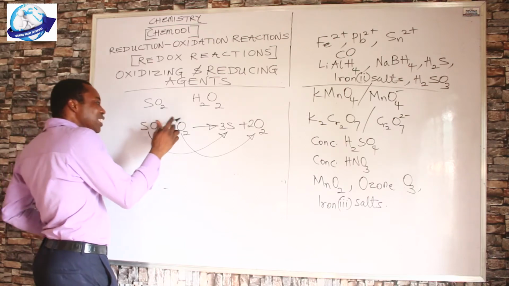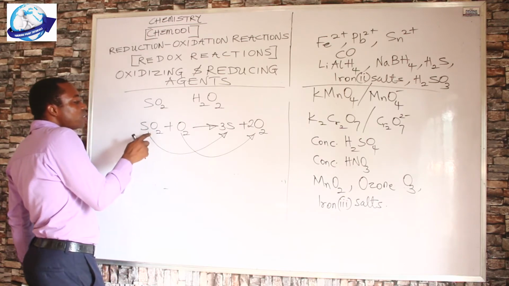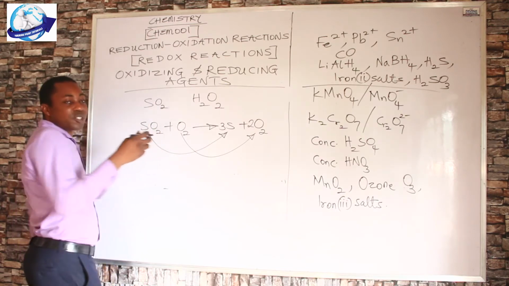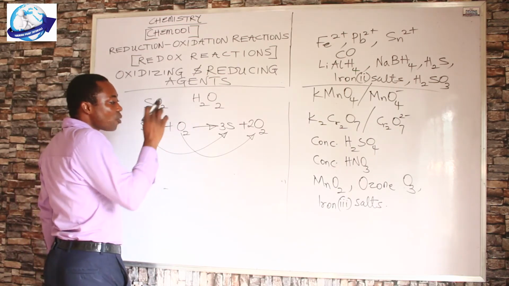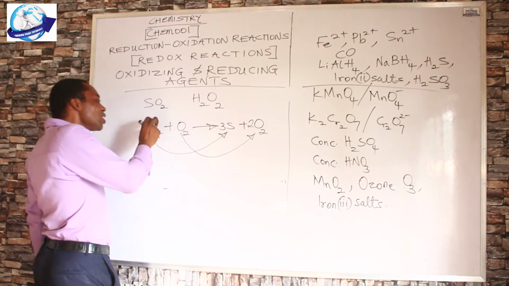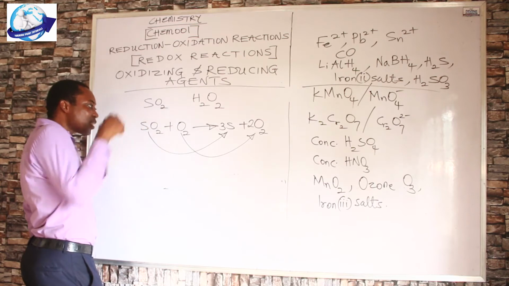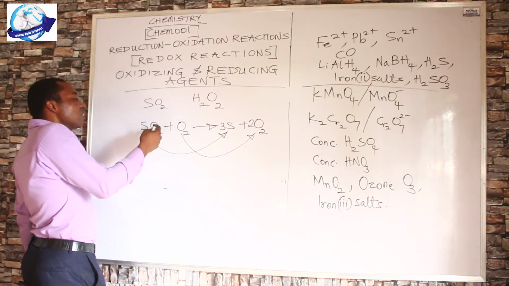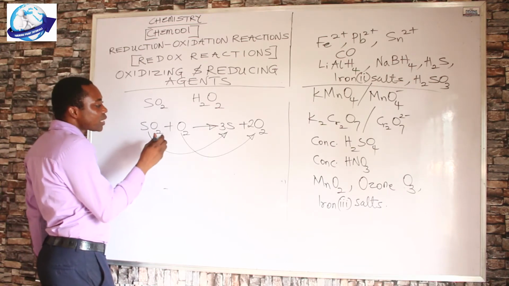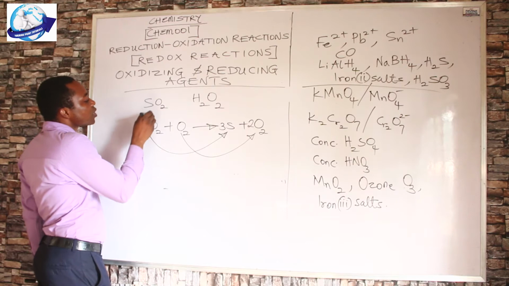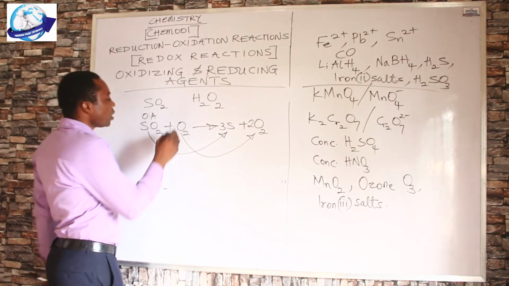Oxygen in this reaction is acting as the better reducing agent, because it takes away oxygen from sulfur(IV) oxide. So here you can say yes, SO2 is the OA, while the oxygen is the RA.